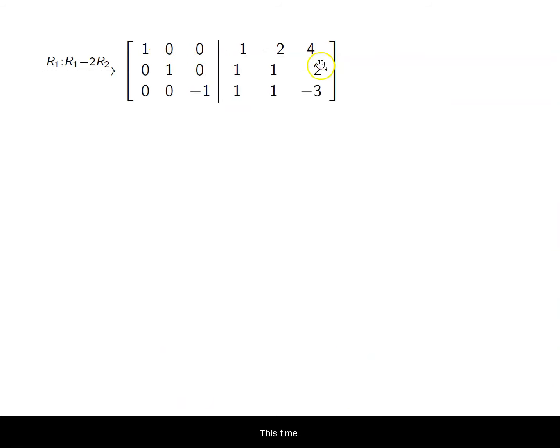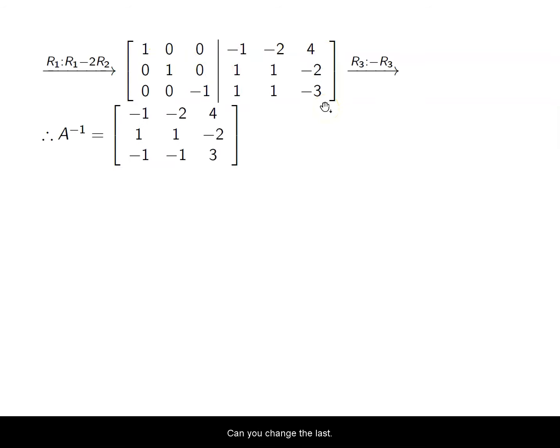Get rid of this term, and then change the last one, right? So this that I have over here, once I change the signs, is my inverse matrix. So I reduce this down into the identity. Change all the signs here to end up with this.